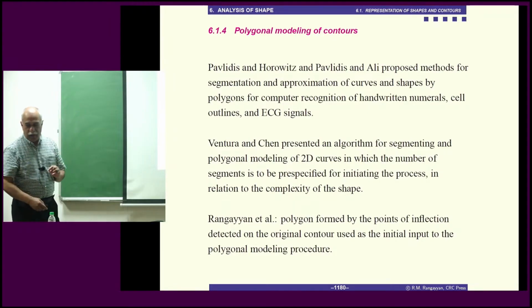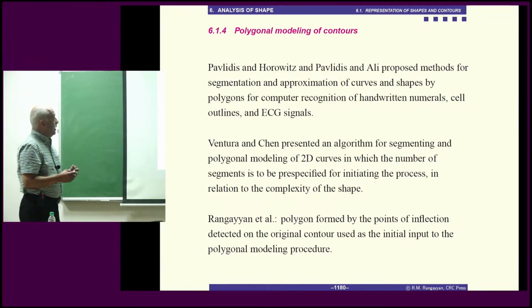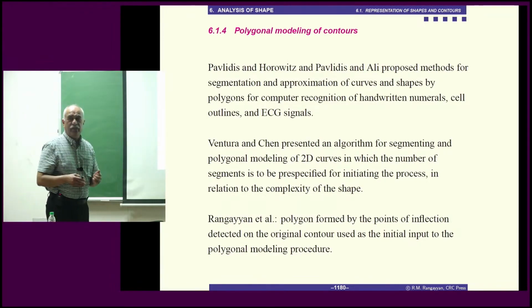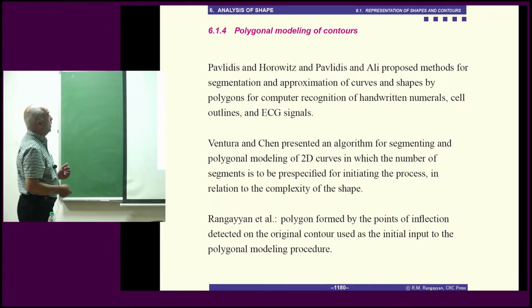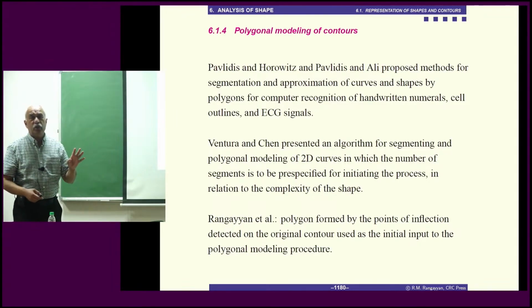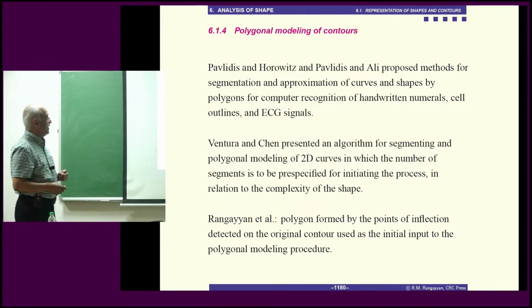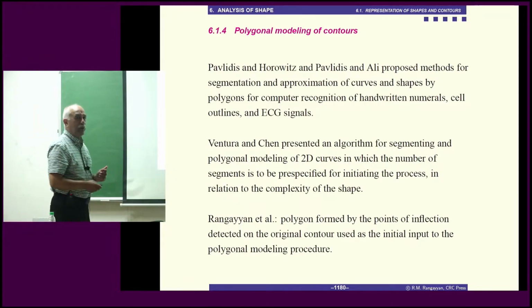Polygonal modeling or approximation of contours has been around in the literature for some time. There are a few different algorithms, but we found limitations in many of these algorithms. Pavlidis has some, and Ventura and Chen have proposed some. And they applied this not only to closed contours, but also open contours like signals, ECG signals and so on, handwritten numerals.